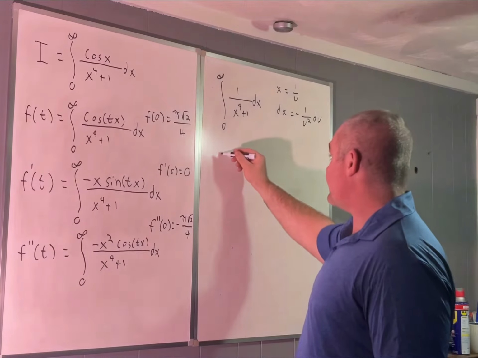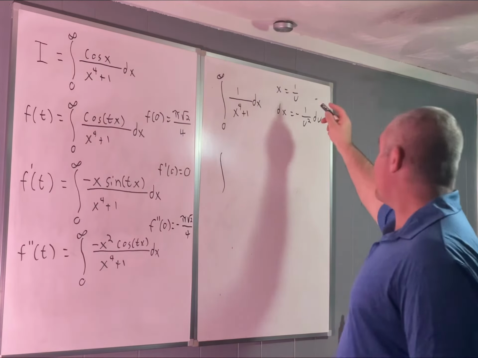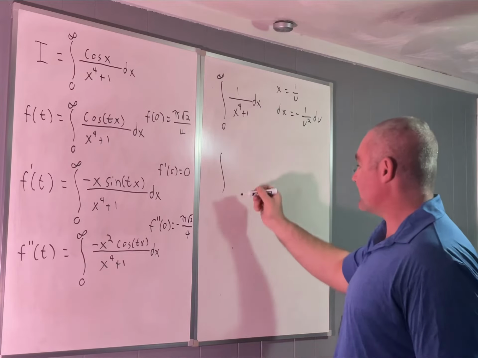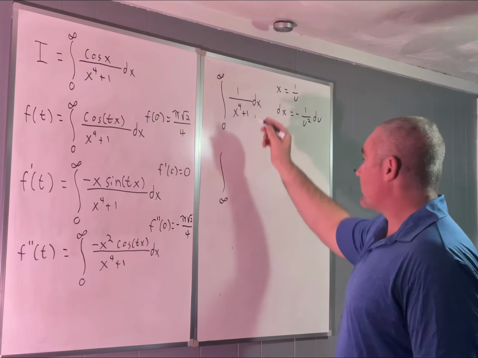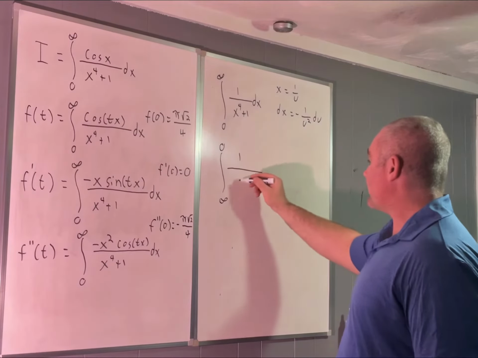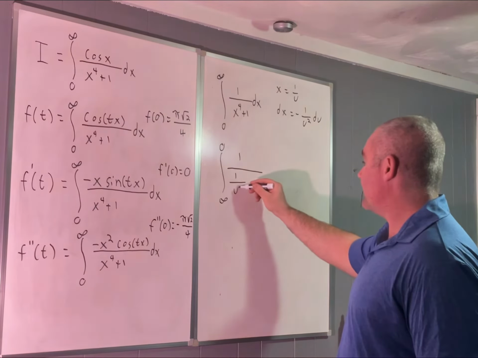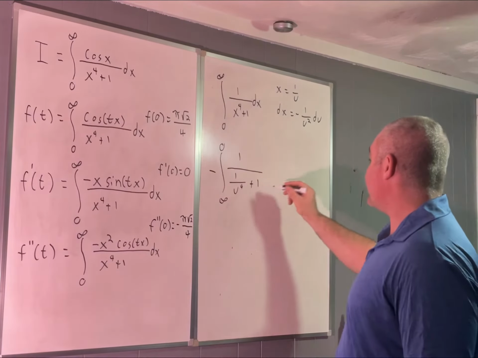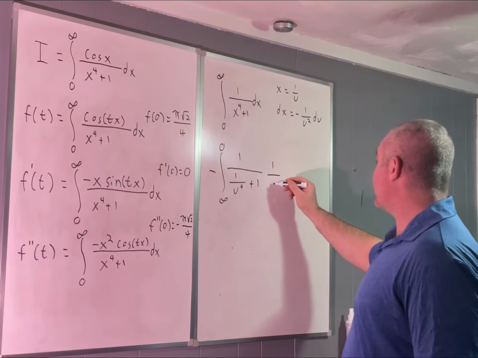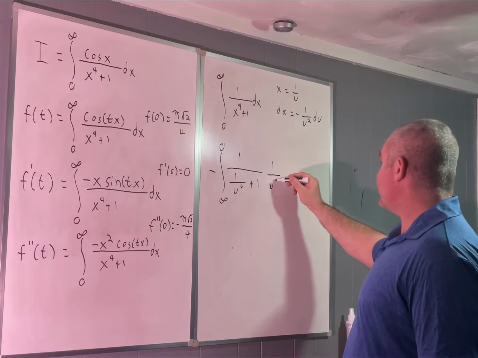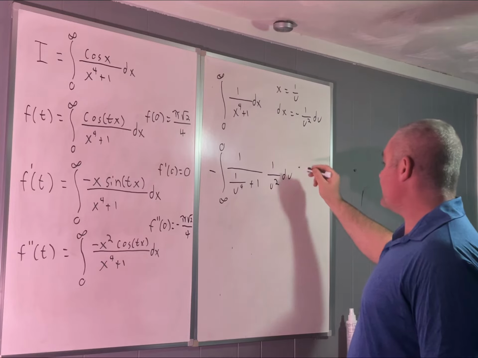This would give us the integral from, well, if x is 1 over u, then u is 1 over x. So 1 over 0 is infinity. 1 over infinity is 0. We would get 1 over u to the fourth plus 1 times negative 1 over u squared du.